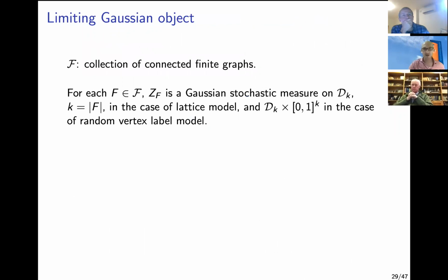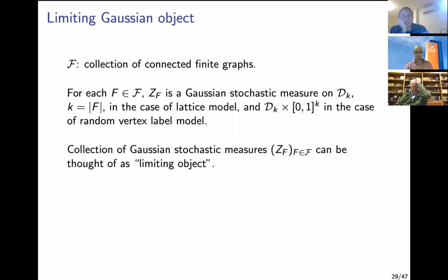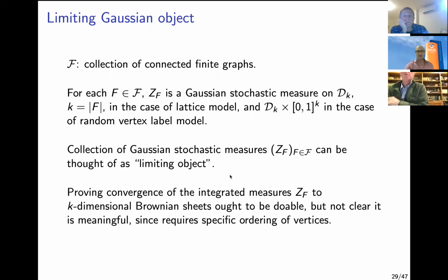So let's have a quick discussion. As I said, the limiting object is this collection of white noise processes living on these spaces here in the lattice case, and in the uniform vertex label case, we have to augment it by this thing here. So we have identified the limiting objects.